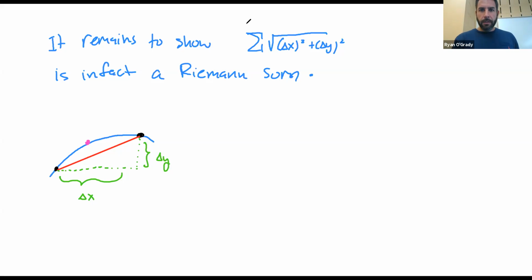So let me get a different color. I'm going to call this point C sub k, comma, f evaluated at C sub k. Now you might not be sure why I'm calling it C right now, but that's because you don't remember the mean value theorem. And so what I'm going to do is draw a line.